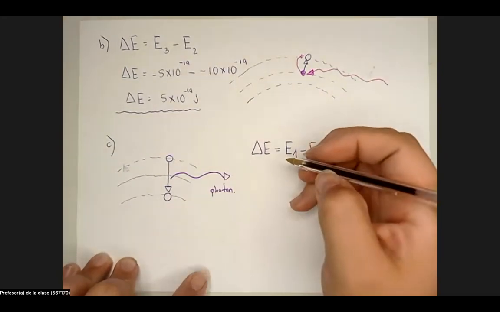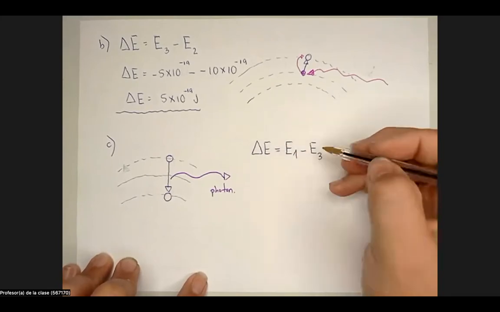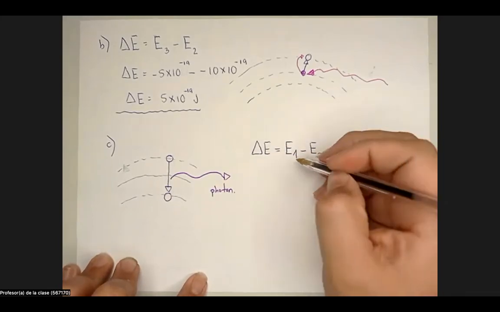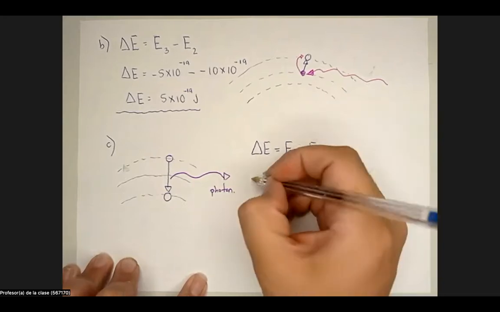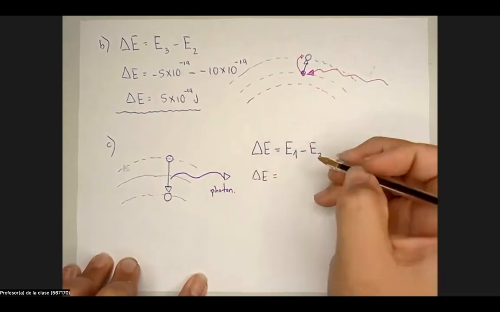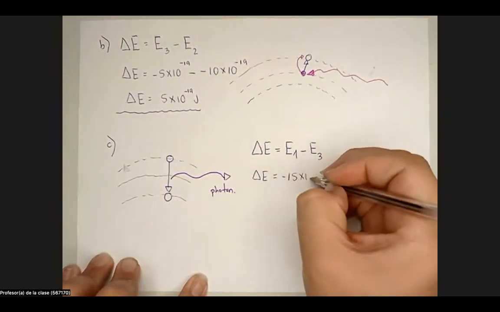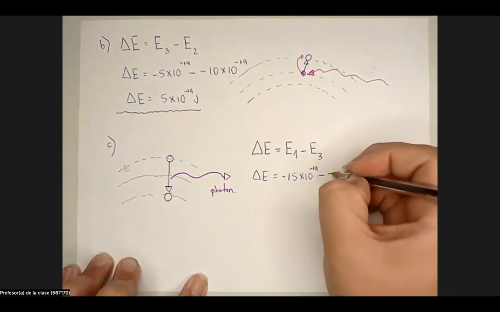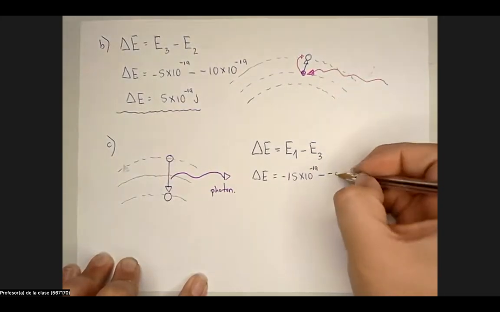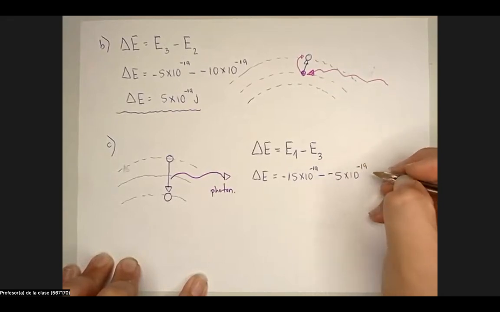Remember that in physics and chemistry, this delta means the difference of two things. It will always be final minus initial. So final will be minus 15 by 10 to the minus 19 exponent minus again 5 by 10 to the minus 19 exponent.